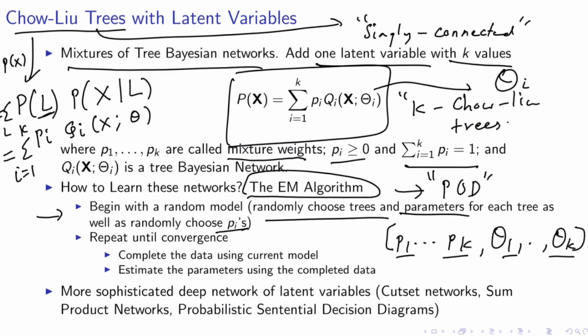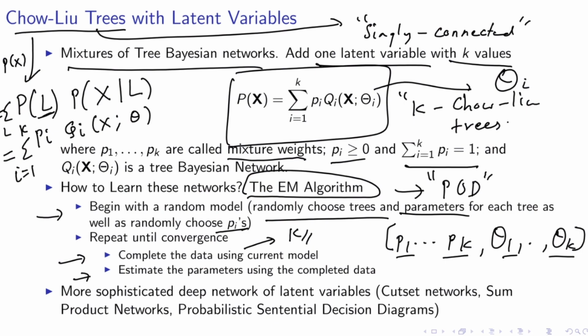So you select pi 1 to pi k and also theta 1 to theta k randomly. Then you repeat the following two steps until convergence. The first step, which is the E step in the EM algorithm, you complete the data using your current model. So completing the data in this case is assigning probabilities to each one of the k values of the latent variable, right? So each data point will now be equal to k data points.